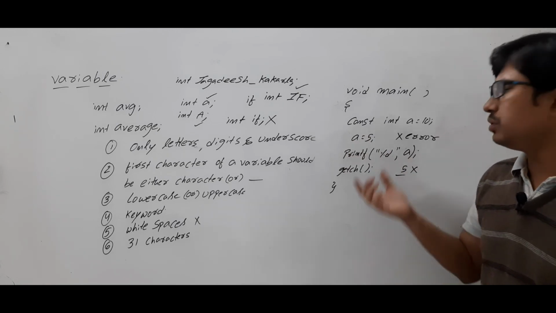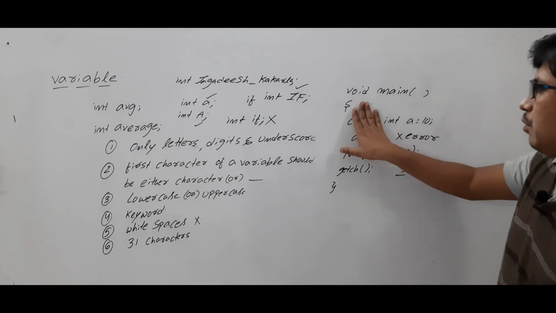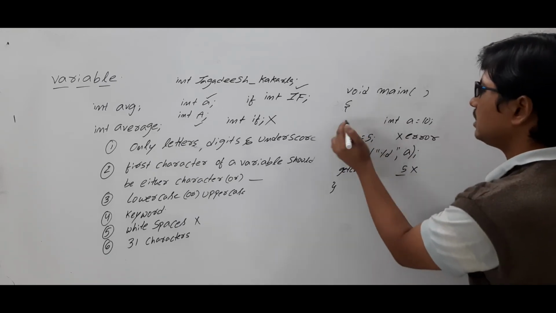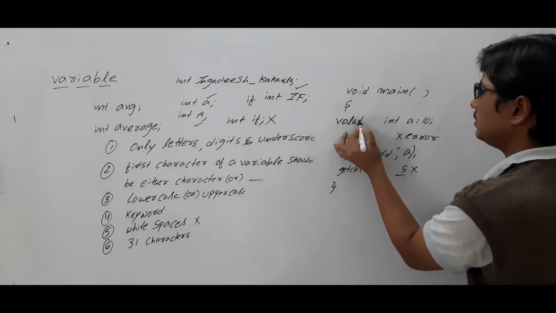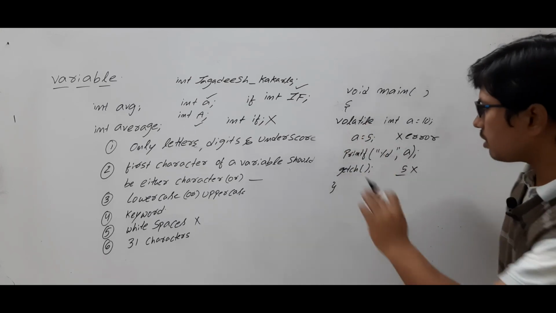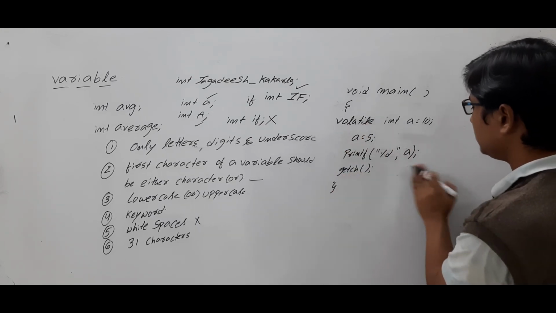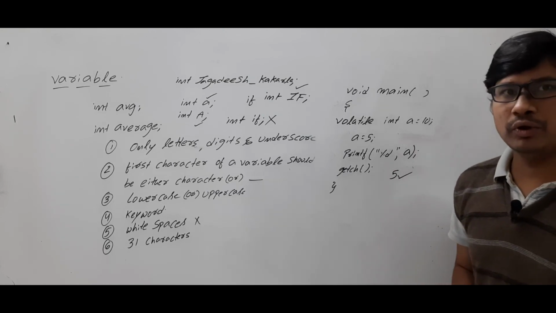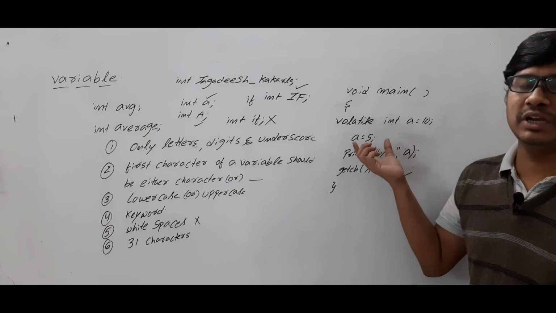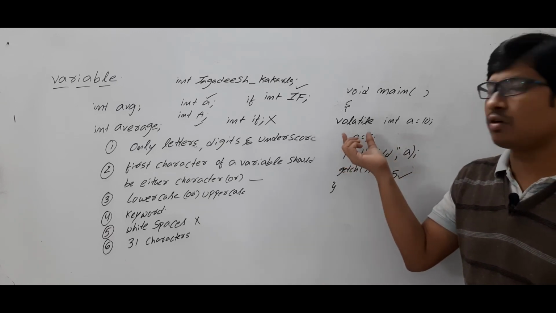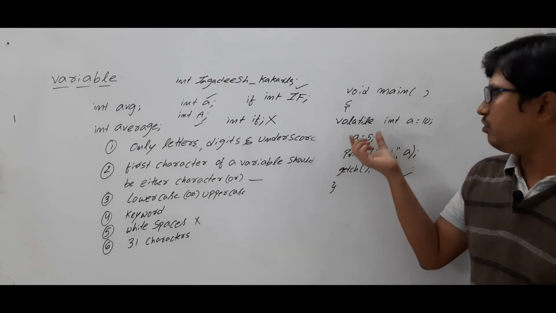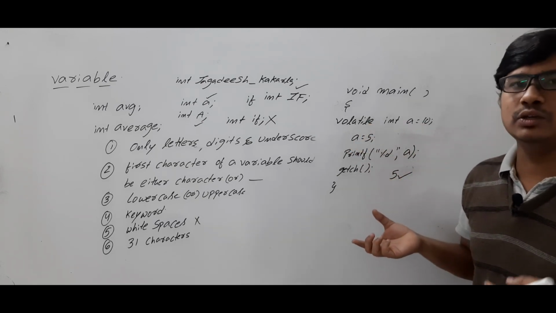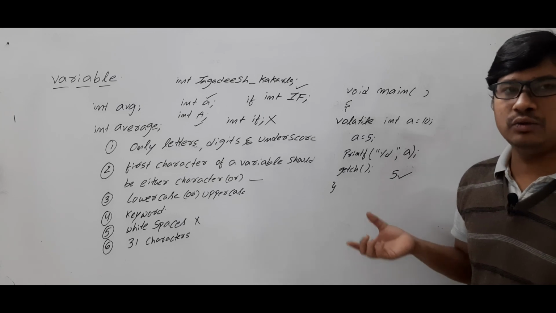If you want to change it, you can simply avoid const, or instead of const you can write a keyword called volatile. Then you are permitted to change the value, and it will display the output as 5. Is it clear? So I hope you have understood how to make a variable constant with the keyword const. Even if you do not write volatile, it will work as volatile, meaning you can change the value of a variable.